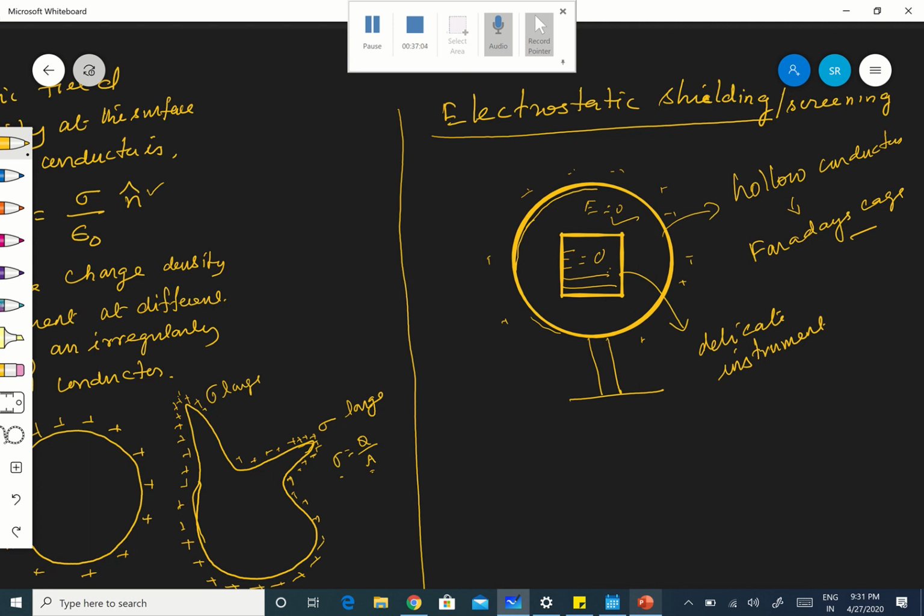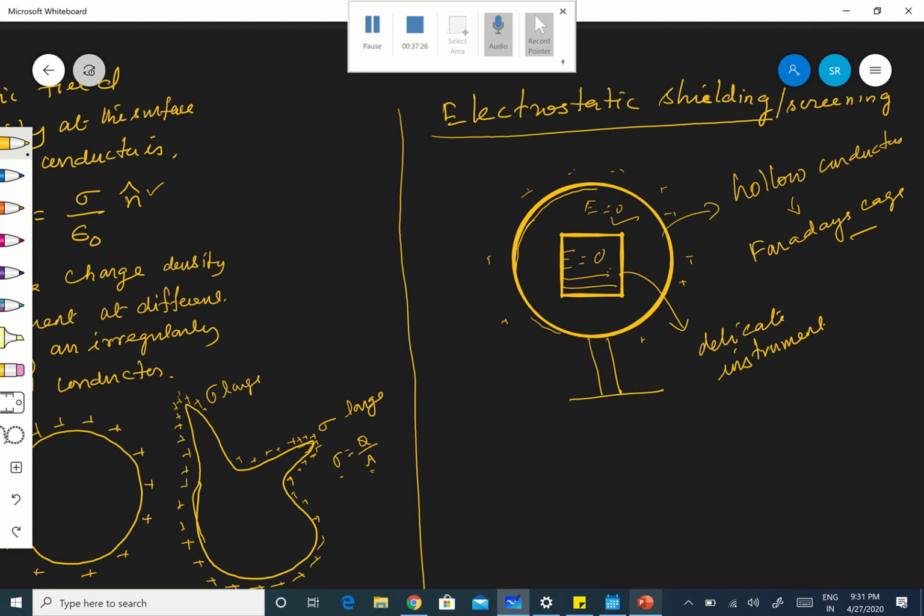Are you following? You can keep any delicate instrument inside the hollow conductor in order to protect it from a heavy electric field. And here there is no need to earth.